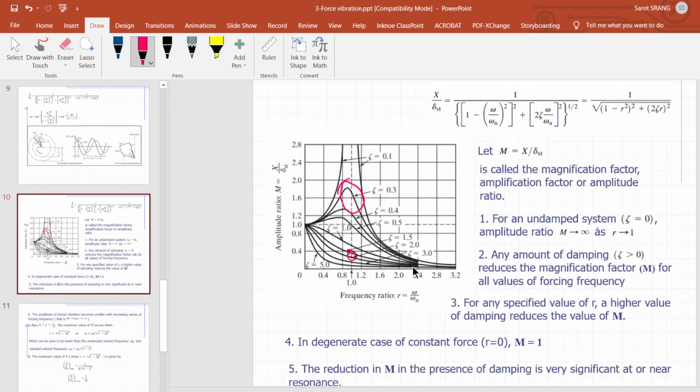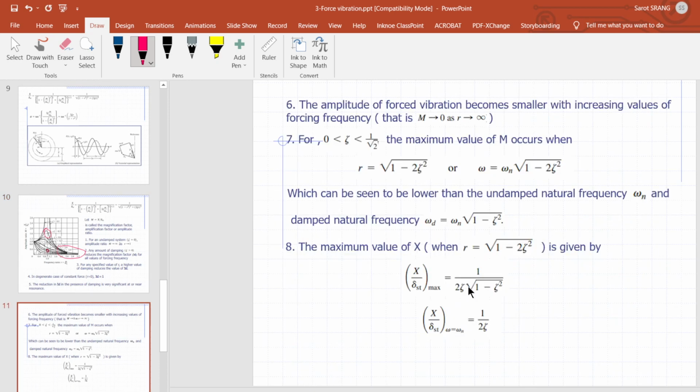When r is large, you can see in this part that the magnification factor becomes small. So if the frequency of the external force is very high, then the system just filters it out, okay? Filters out high frequency because the system is a low pass filter.